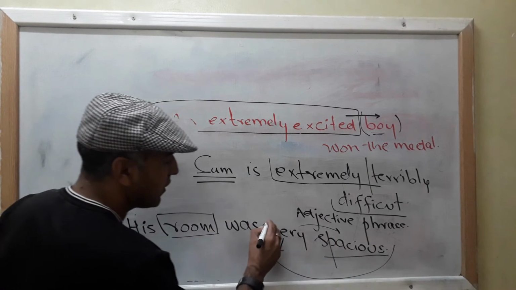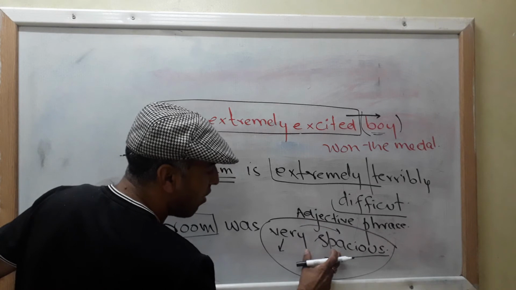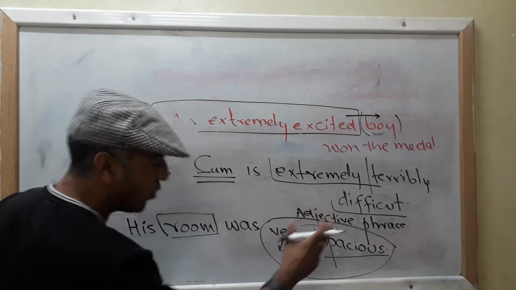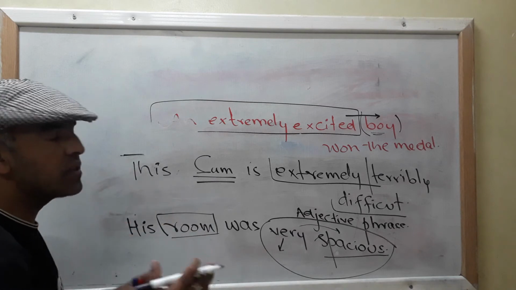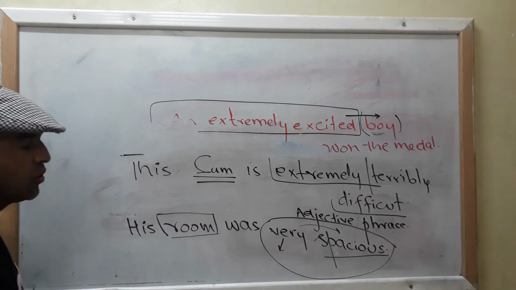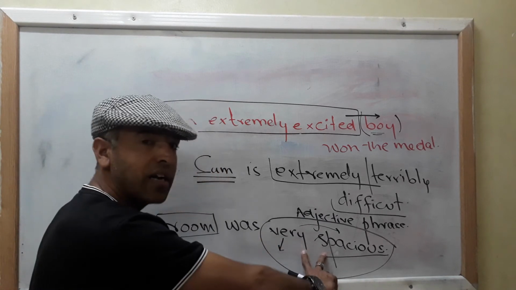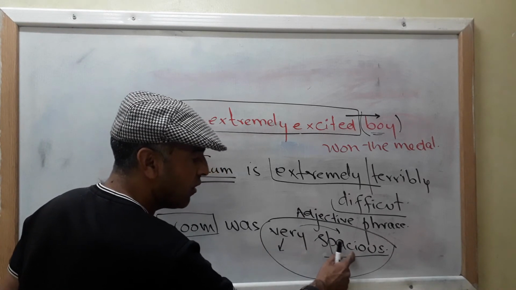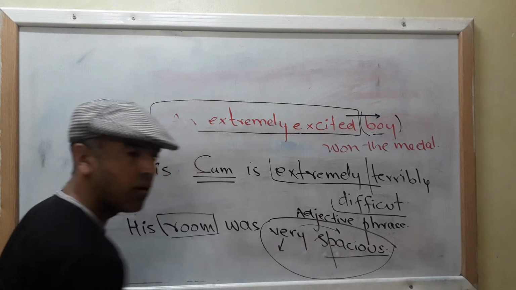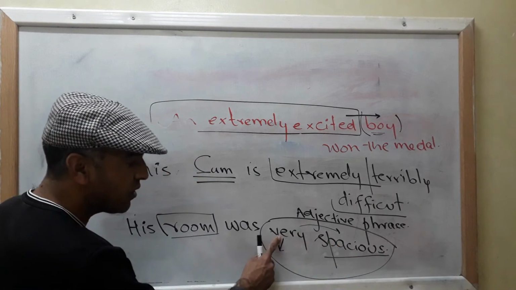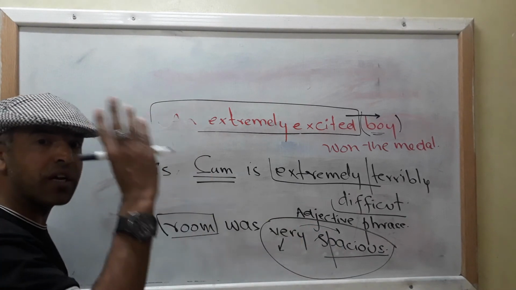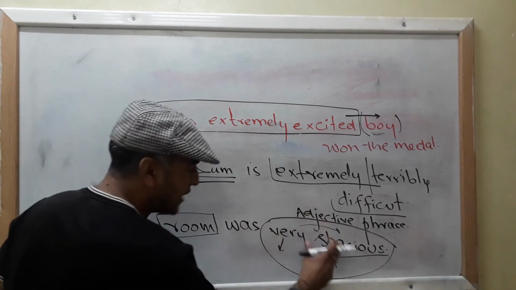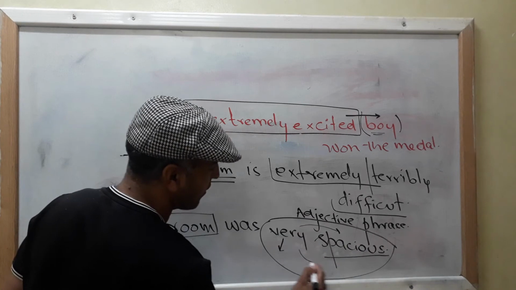But here it is a combination of two words. Two words are together. As I told you, a phrase is a group of related words. Both these words are related because this word plays a vital role in describing this word. Very spacious. Both words are related to each other. So related words are called a phrase.